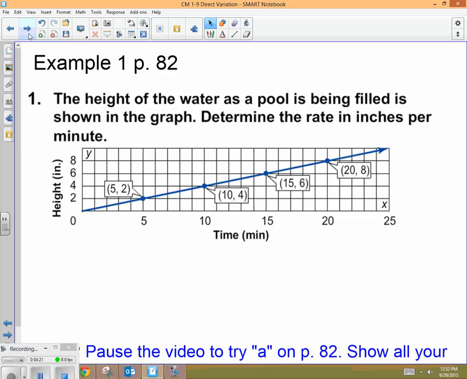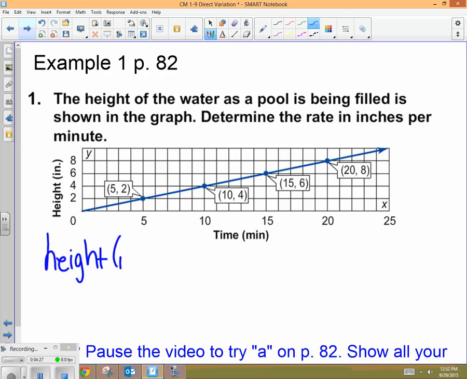So I'm going to write that as a ratio of height in inches over time in minutes. Now, you can pick any 2 points for this.